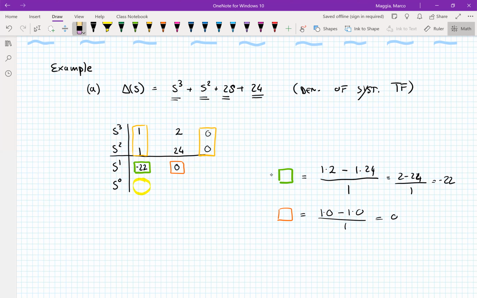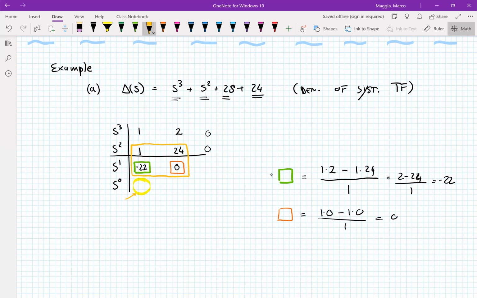As usual, for the figure 8, we take the 2 elements of the first column of the 2 rows above the element that we want to find, and then the 2 terms to the column to the right. So we have this 1, 24, minus 22, and 0.